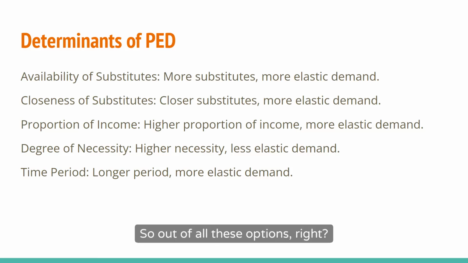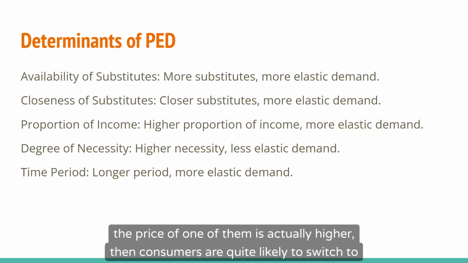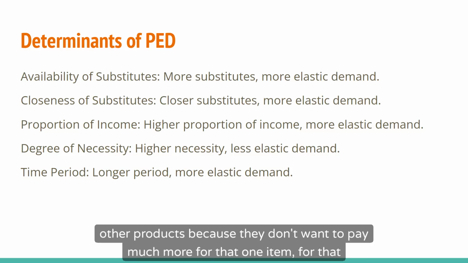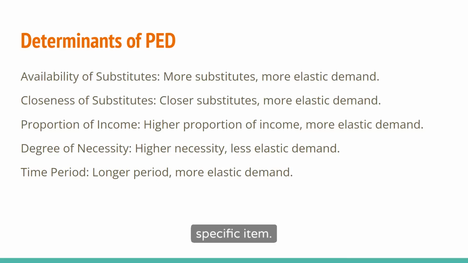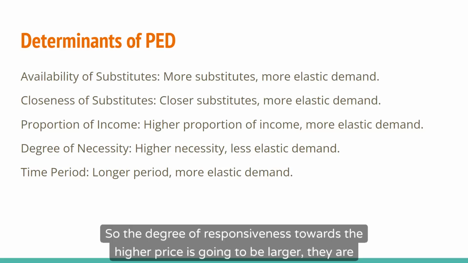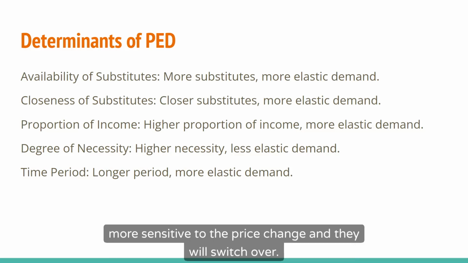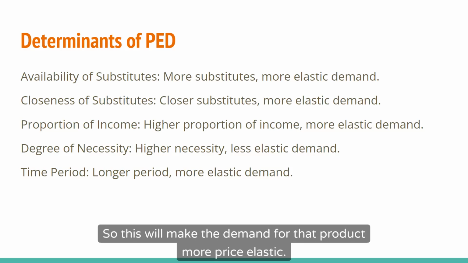Suppose now the price of one of them is higher, then consumers are quite likely to switch to other products because they don't want to pay much more for that specific item. So the degree of responsiveness towards the higher price is going to be larger. They are more sensitive to the price change, and they will switch over.